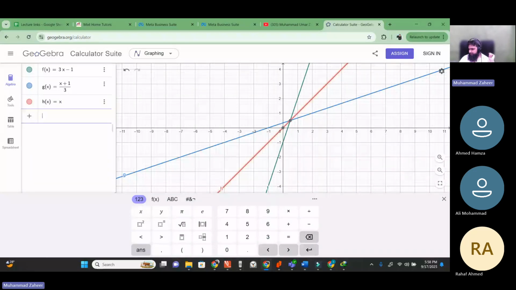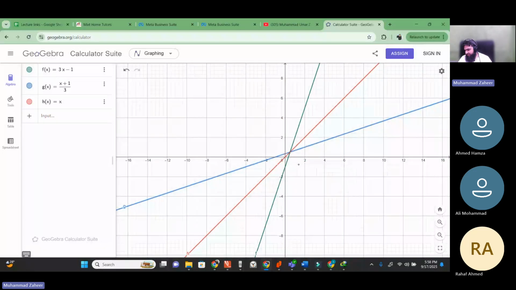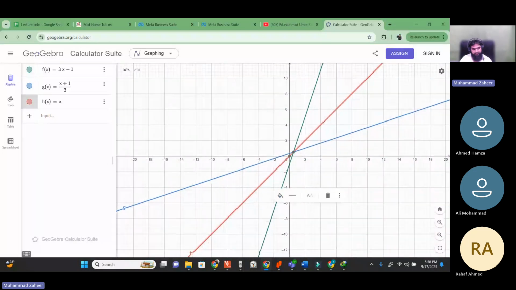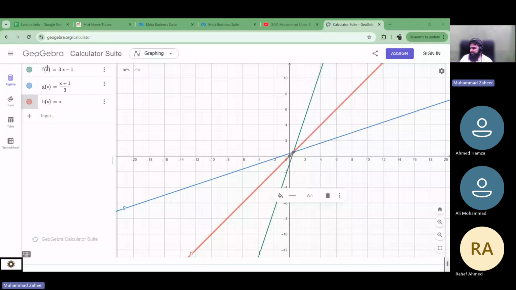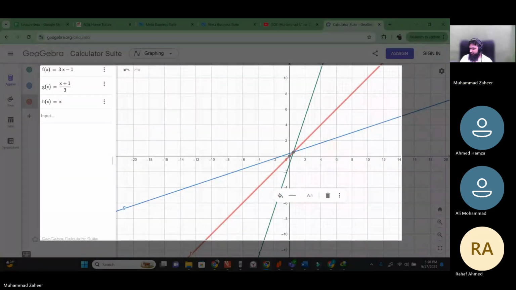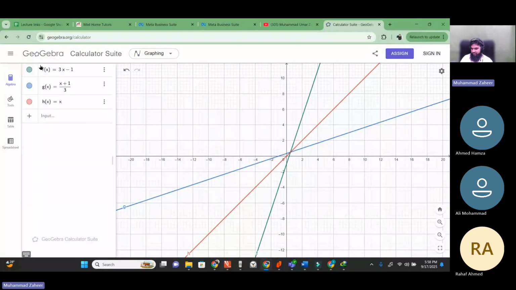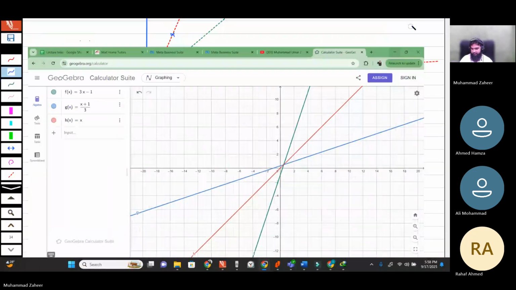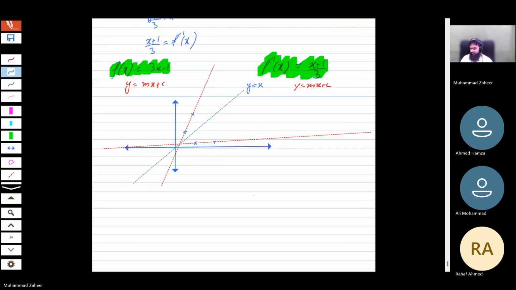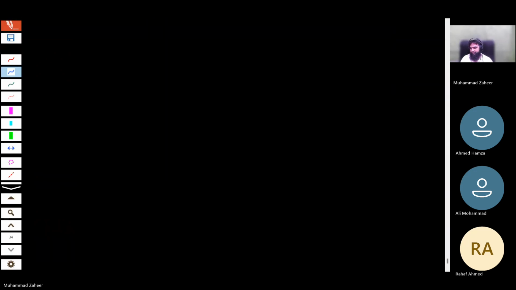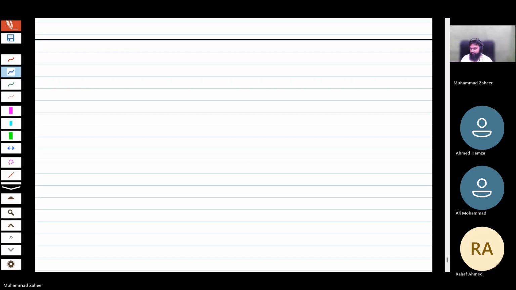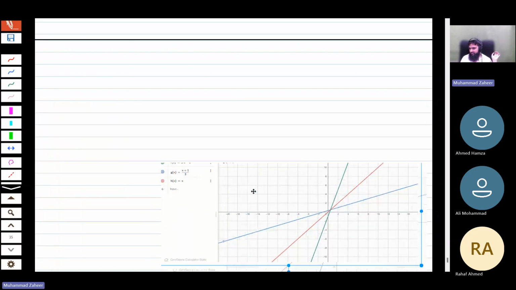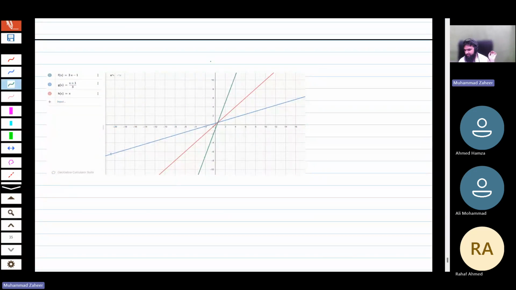So look here. When I draw it, you are going to get the functions as reflections of each other. Now look here. The green one is basically the function 3x minus 1.